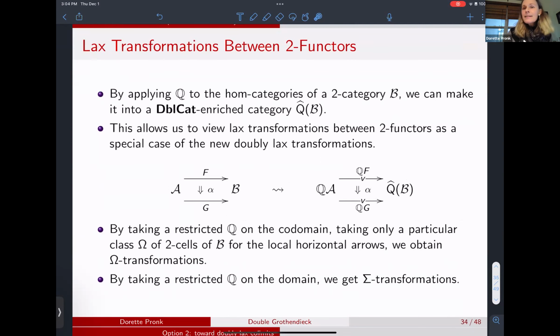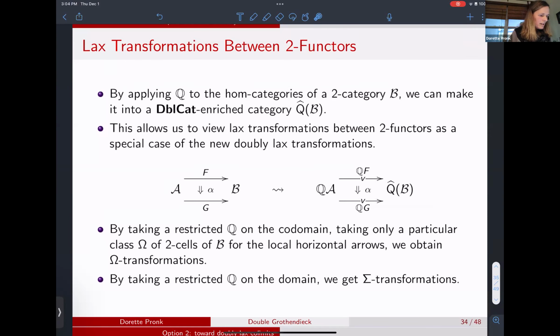Okay, so let's see how this generalizes concepts that we have seen before. And it's kind of nice because you'll see that here again, double categories can encode a lot of information from different places. So if I take a two category B and I see that my HOMs are categories, so I can apply the quintet construction, I get a double cat enriched category, what I will call Q hat of B. So this is doing locally quintets.